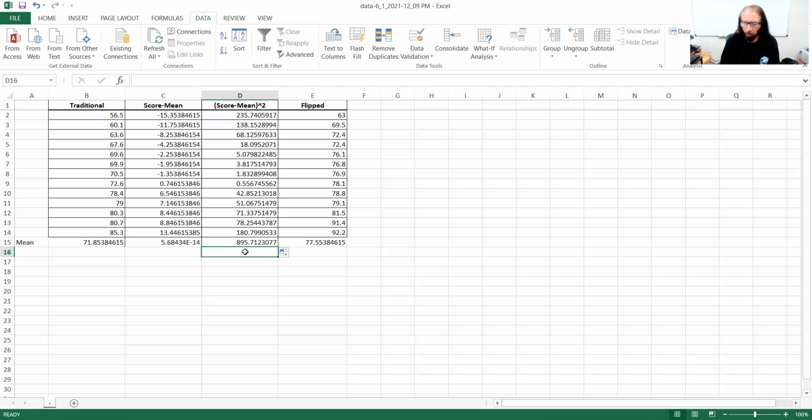I'm not rounding at any points. Now, since this is a sample, I would divide that sum by how many scores there are minus 1, 13 scores minus 1. That's the variance. And then the square root of that will be the standard deviation of the sample.